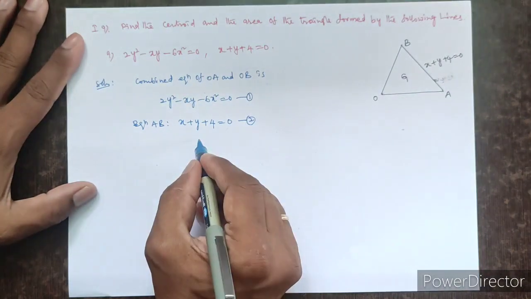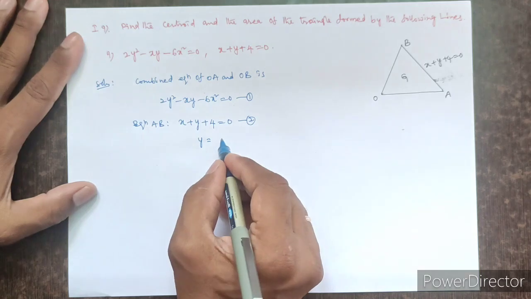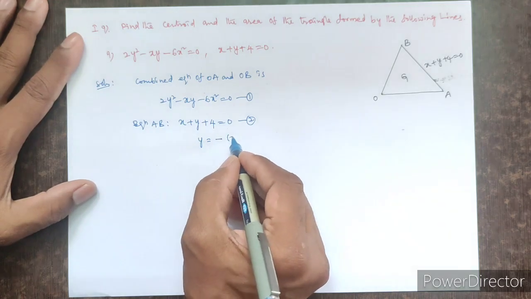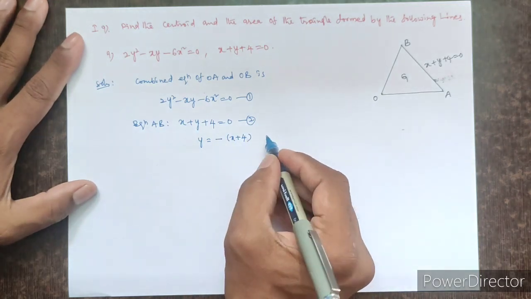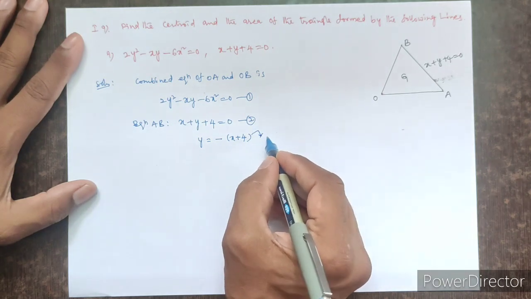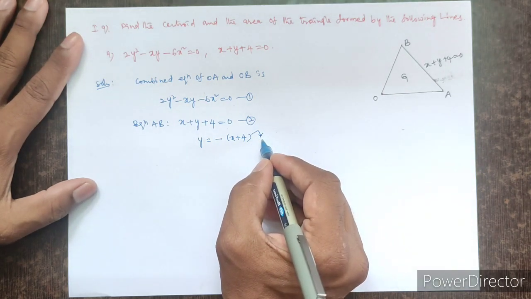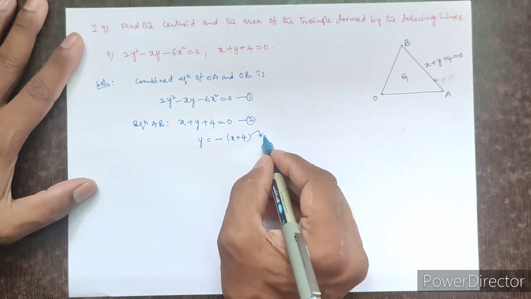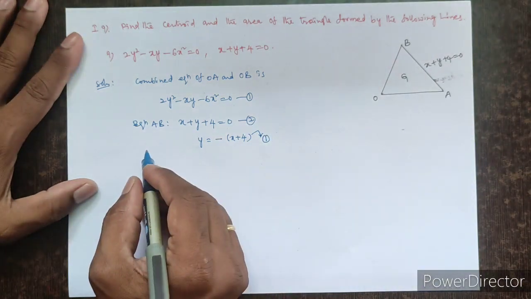From equation number 2 we can find y equal to minus of x plus 4. Then you can substitute this value in equation number 1.